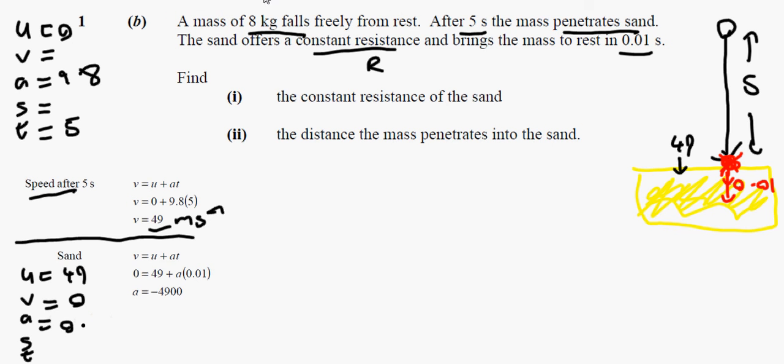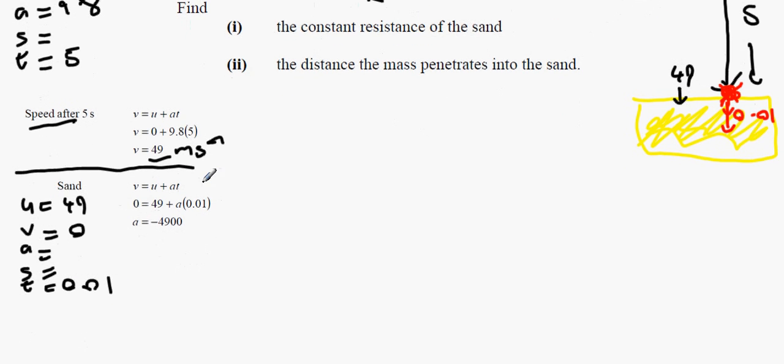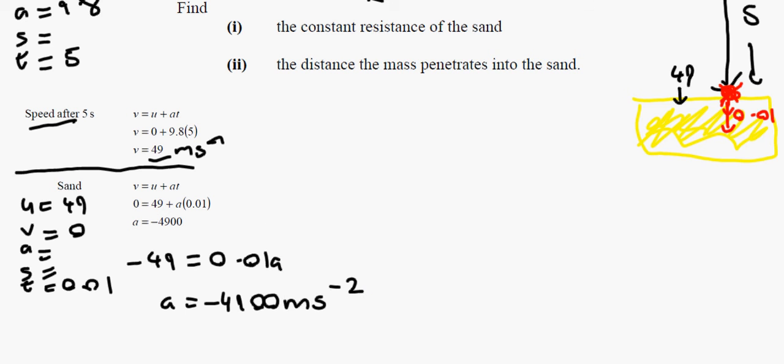We don't know the acceleration just yet, and we don't know S either, but we know that T equals 0.01. So all we have to do is put these values into V equals U plus AT. We get 0 minus 49 equals 0.01 A. Therefore A equals minus 4,900 meters per second squared.